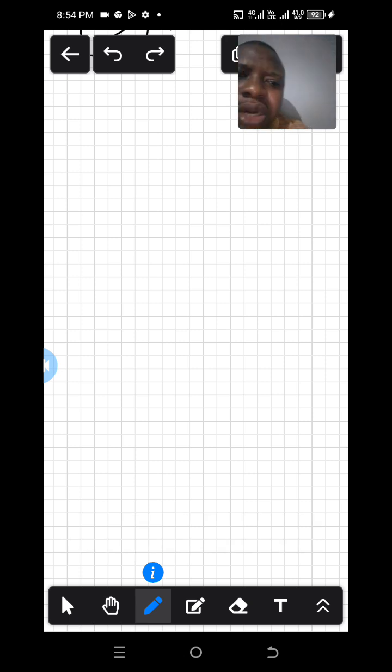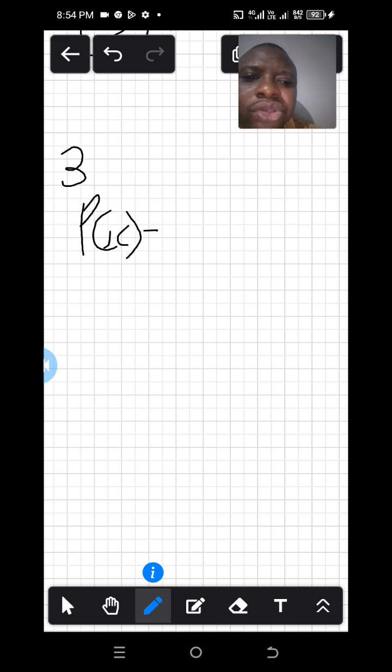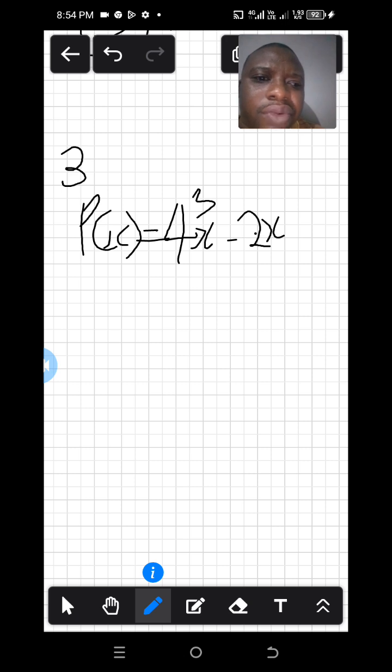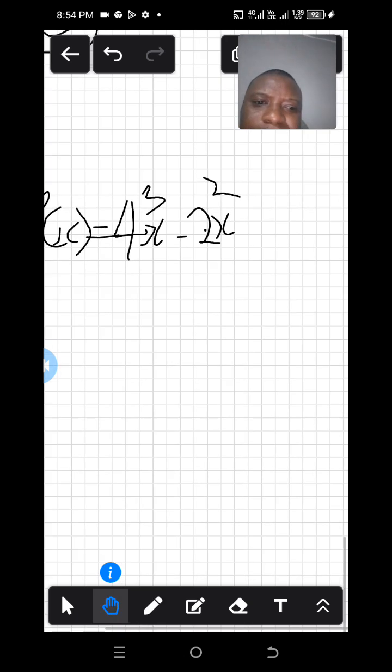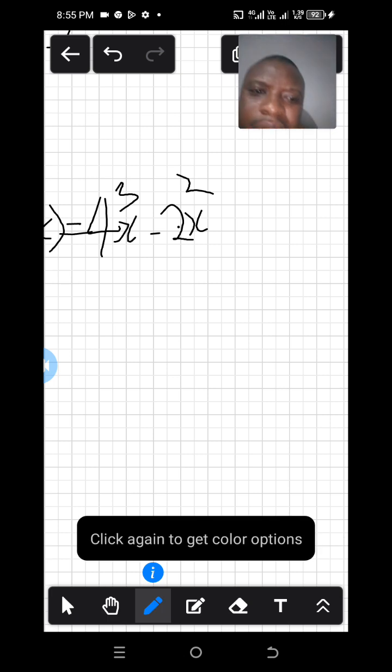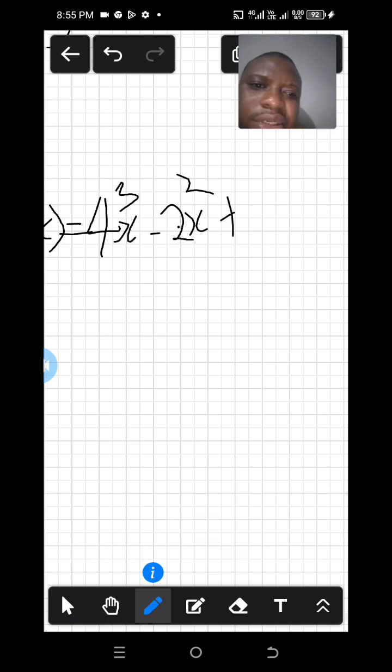So now number 3. We have p of x to be 4x cubed minus 2x squared plus 7x minus 3.